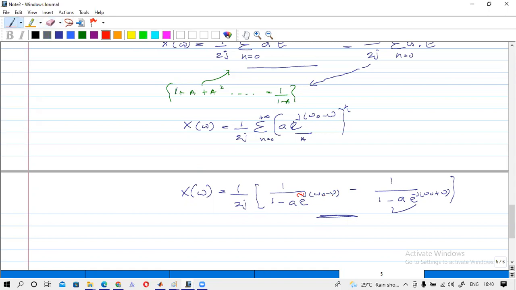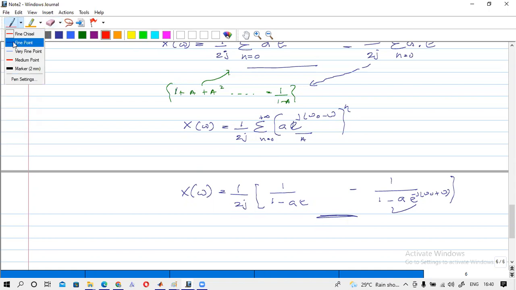Here actually this is omega minus omega naught, so I can take minus out here. So I think our approach also should be okay. Because here you can see we have j omega naught minus omega.